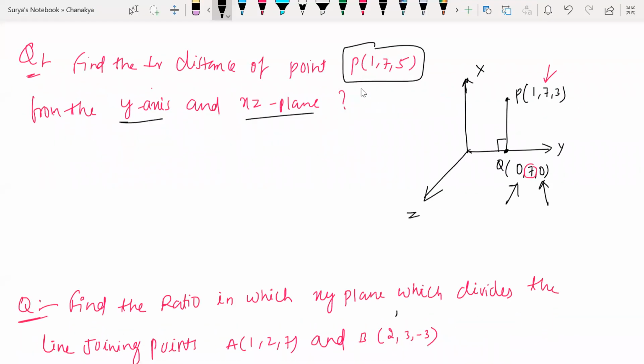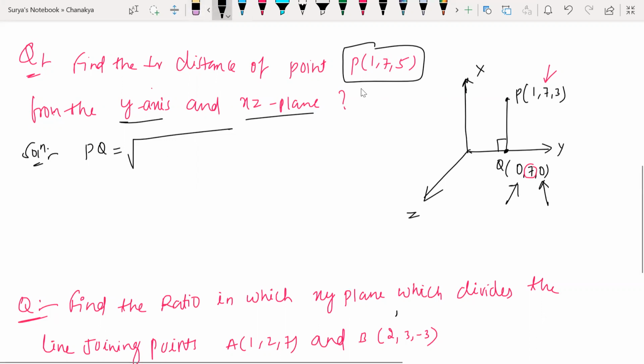So now we have to find the perpendicular distance. PQ you can tell very easily. Look at it: x2 minus x1. Is it root 10?